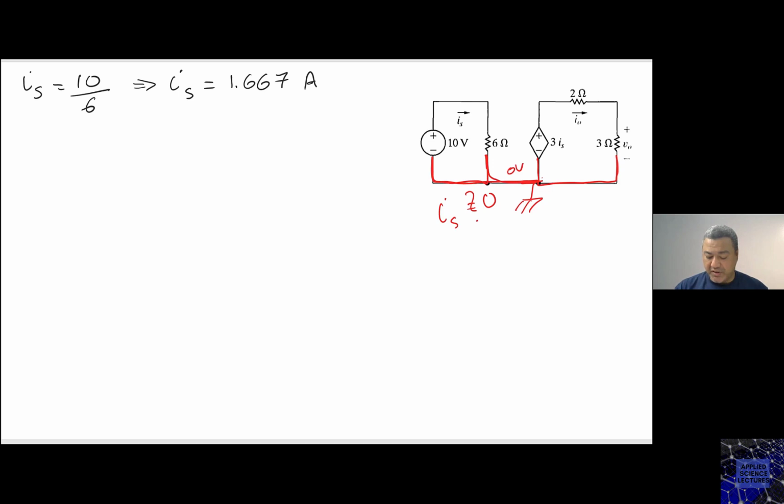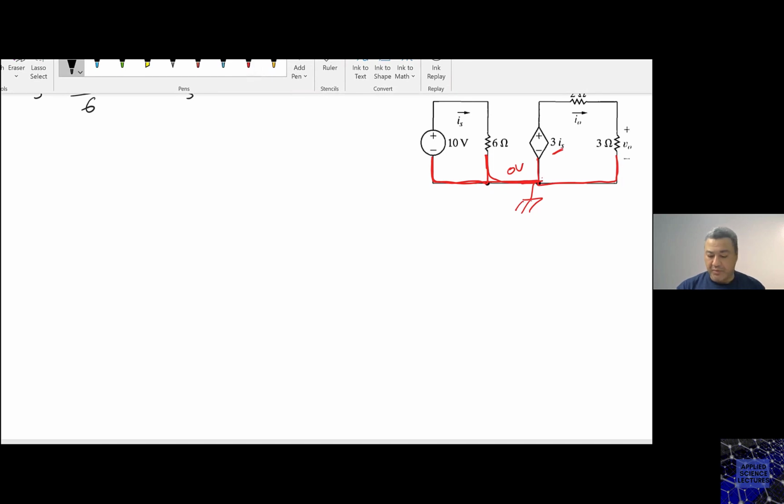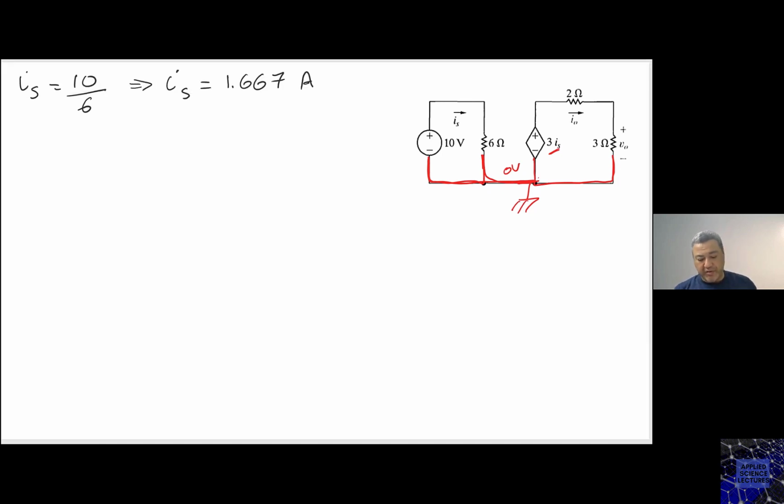IS is based on the 6 ohm that this 10 volt is going across. And after you find this IS, this voltage source will be dependent on this IS. Now let's continue solving. Things will become, I guess, clearer.